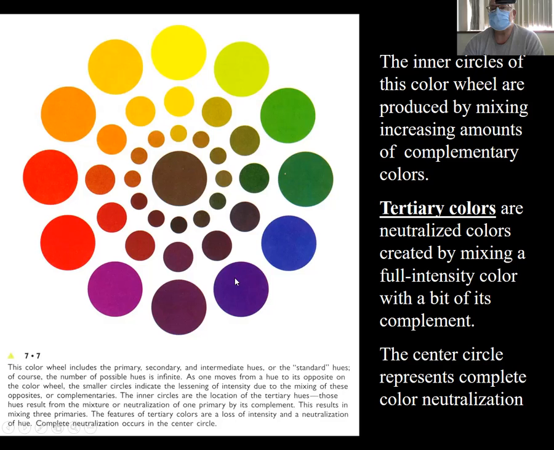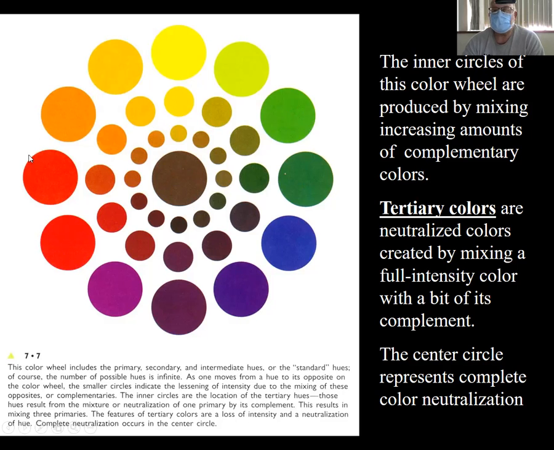Mix a little bit more and you neutralize it a little bit more. When you mix equivalent amounts of two color complements, you get the neutral color that takes you to the center of the color wheel. And that works for any color complement pair. You can neutralize, neutralize, neutralize, and we're going to play with that in a week or so. So those are the tertiary colors.